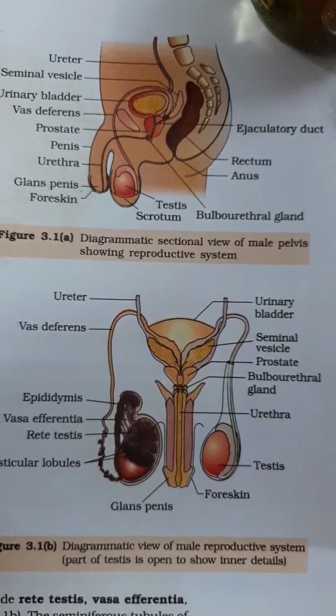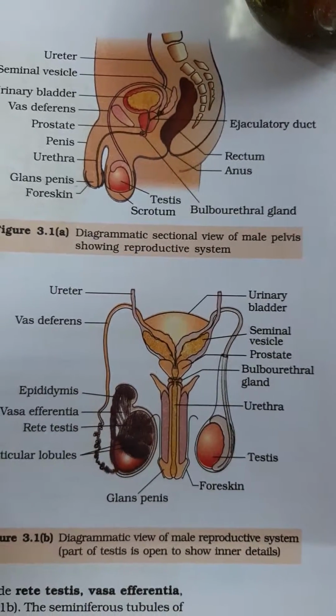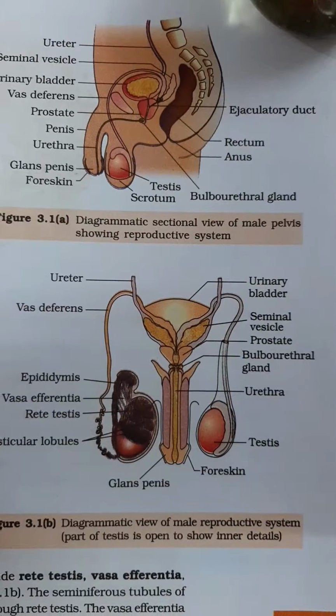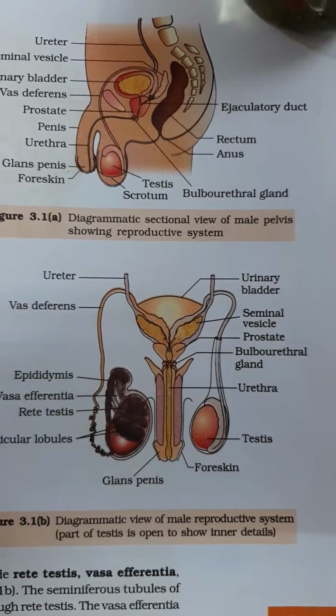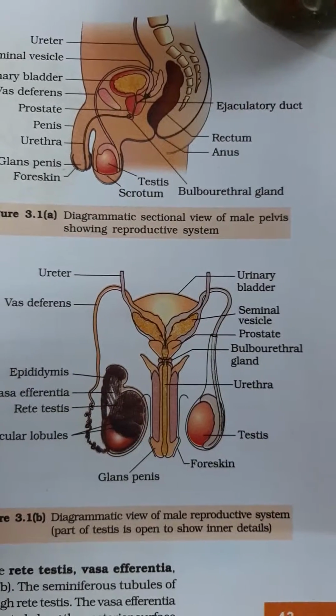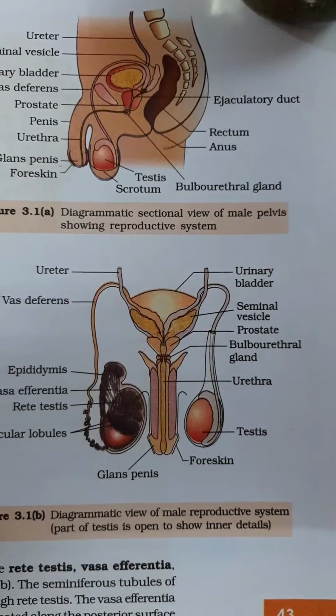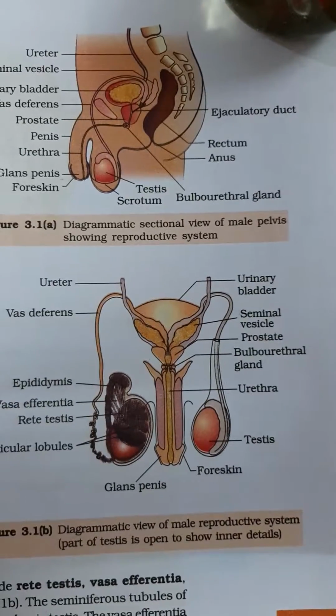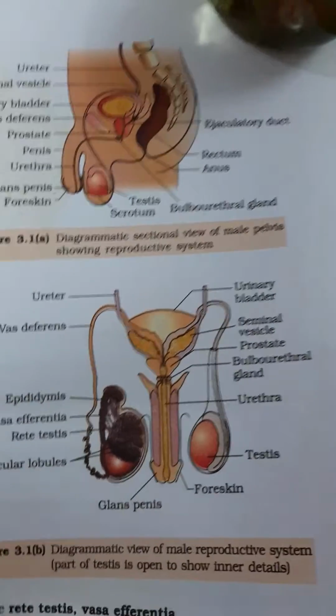The ejaculatory ducts store and transport the sperms from the testes to the outside through the urethra. The urethra originates from the urinary bladder and extends through the penis to its external opening called the urethral meatus.